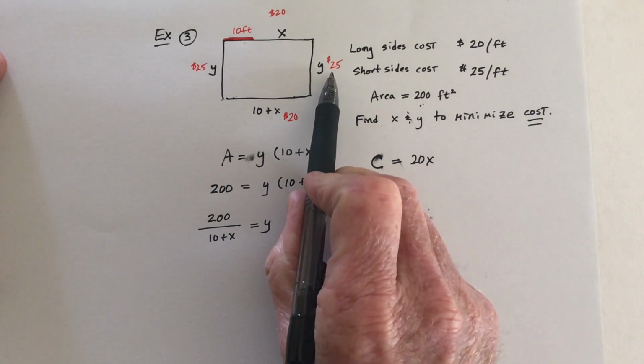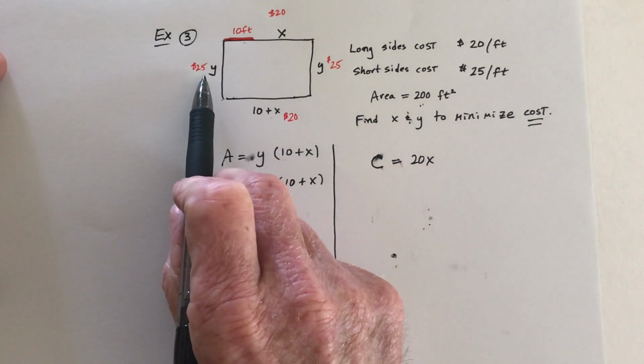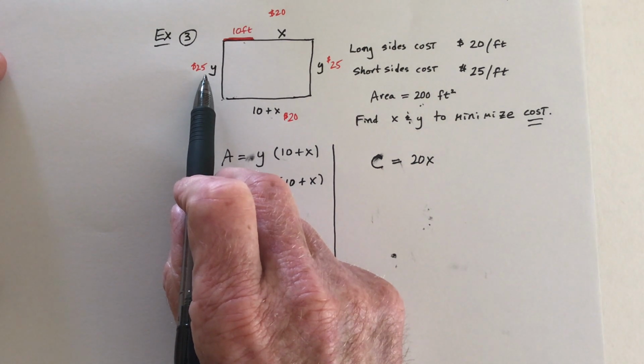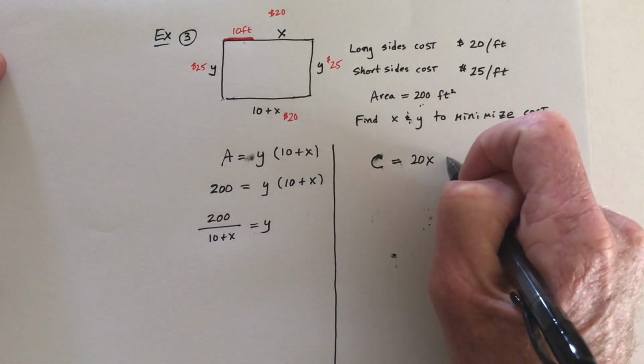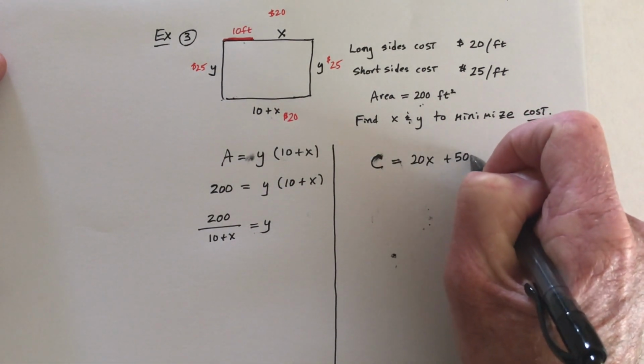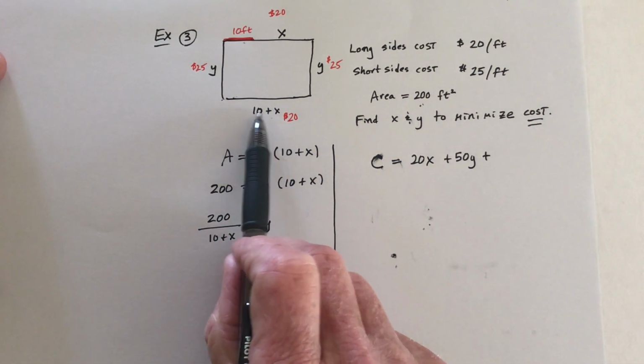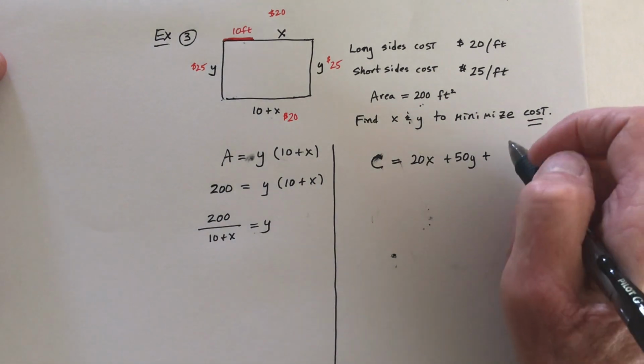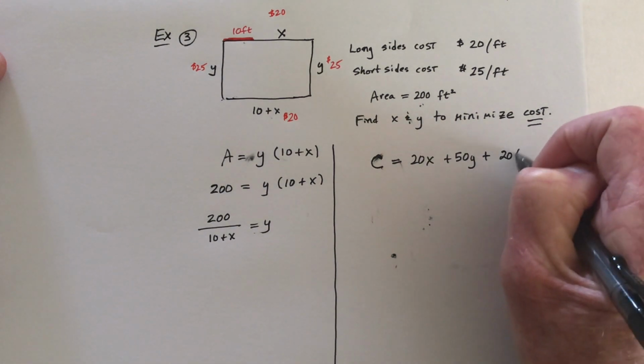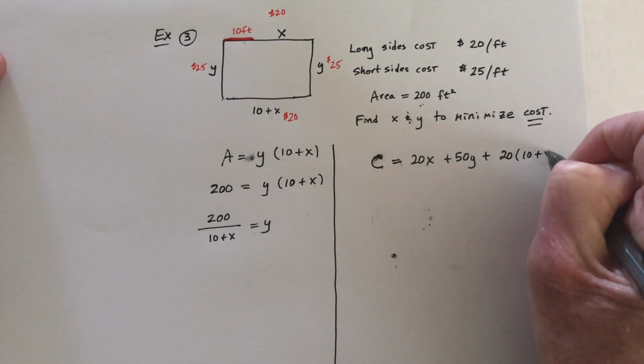And then this is a 25y, plus this is another 25y. So 25y and 25y is 50y. And then on the bottom, you do have to build out this whole 10 plus x. So it's going to be plus 20 times 10 plus x.